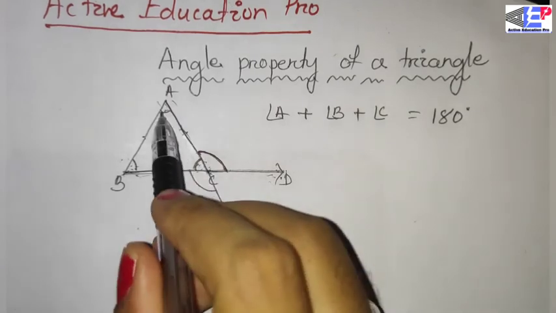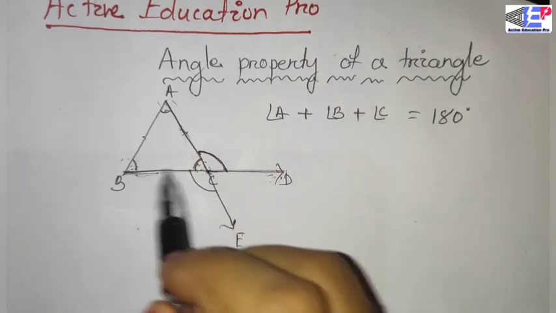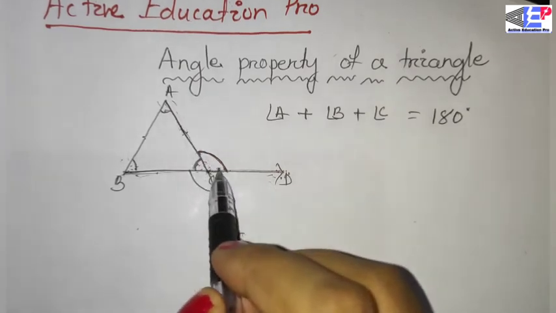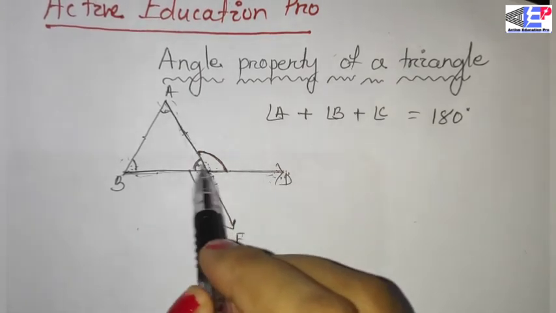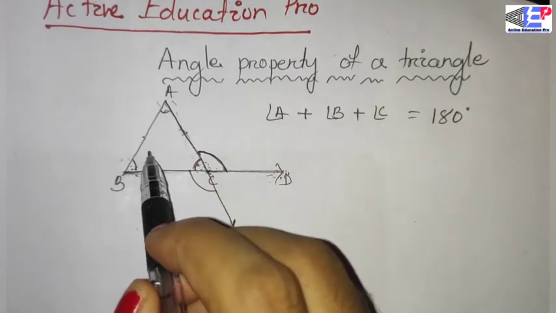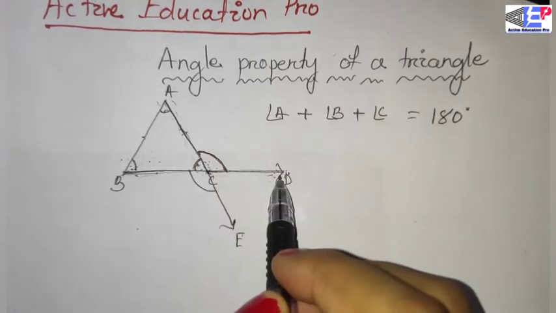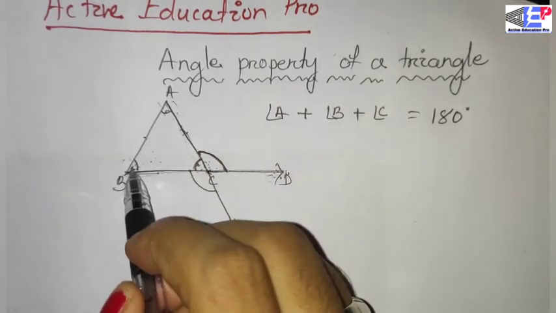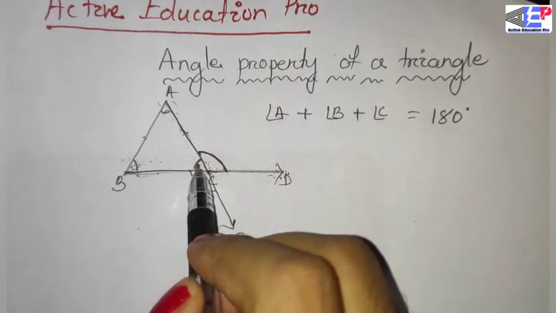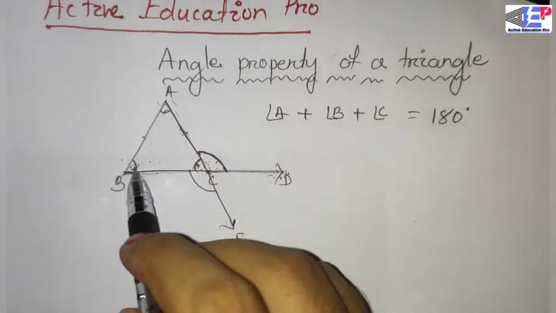So we can say angle A and angle B are the opposite interior angles of the exterior angle ACD. These both are opposite interior angles, and this one is the adjacent interior angle. The property of the exterior angle is linked with the opposite interior angles.